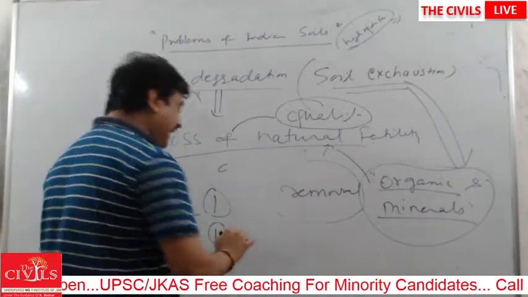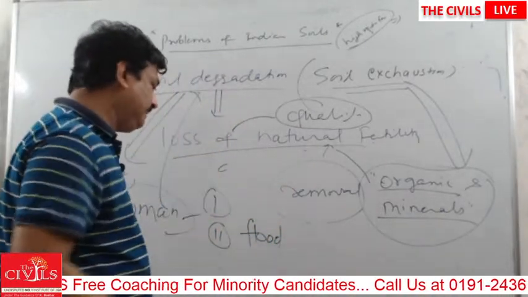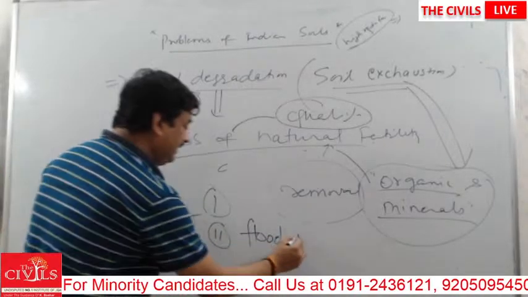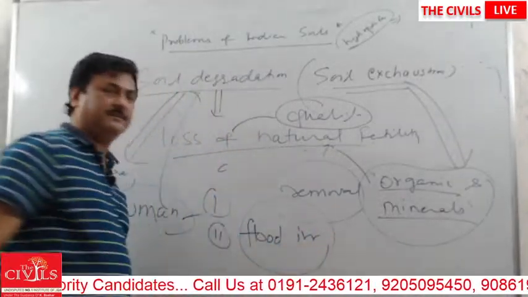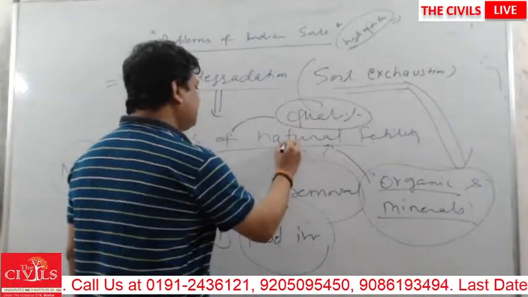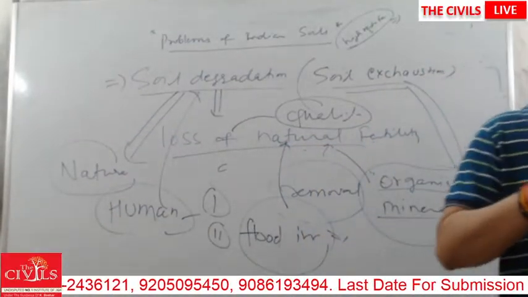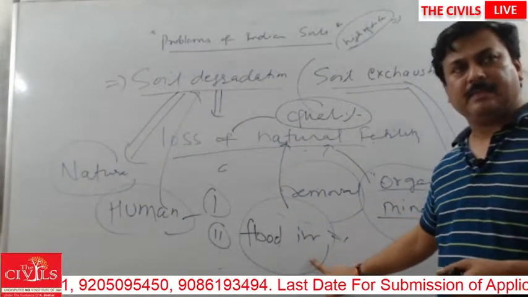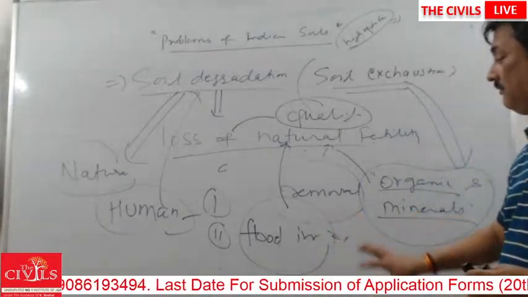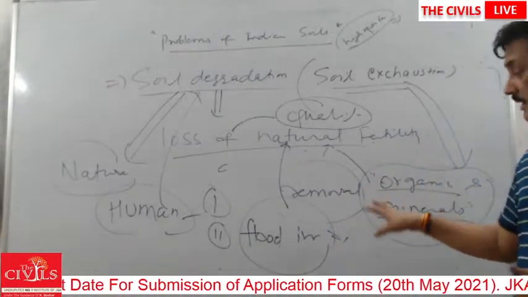In a large part of the area we practice flood irrigation. We will discuss irrigation in the next chapter, in the next class. Flood irrigation leads to deterioration of soil, because a large part of the water evaporates and leaves salt behind in the soil.